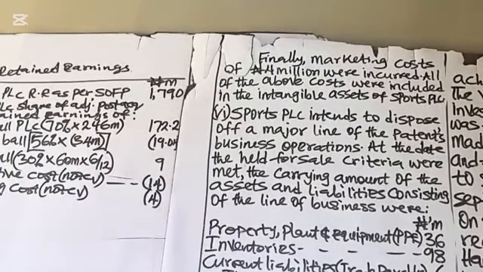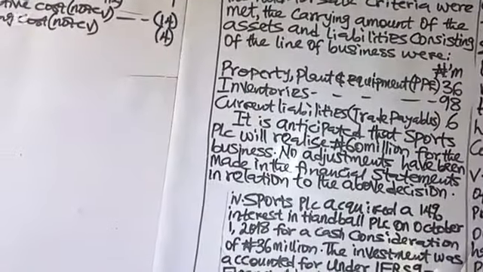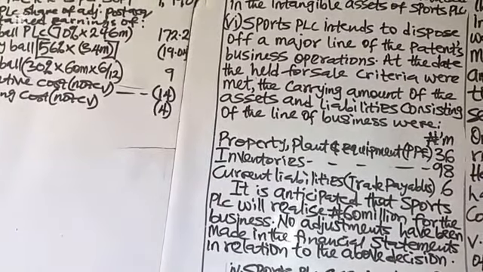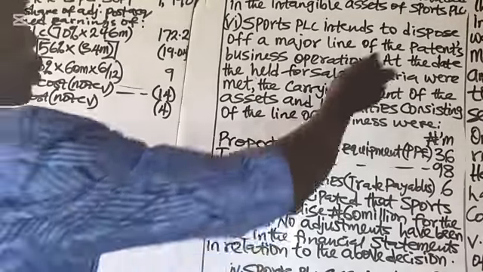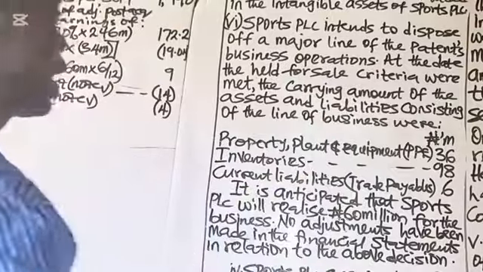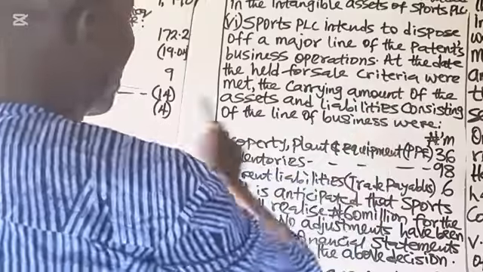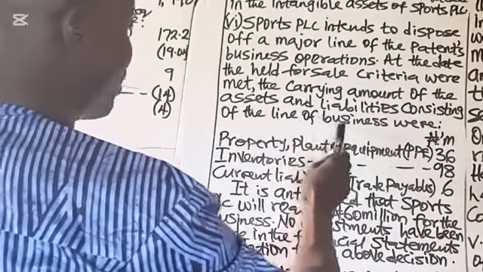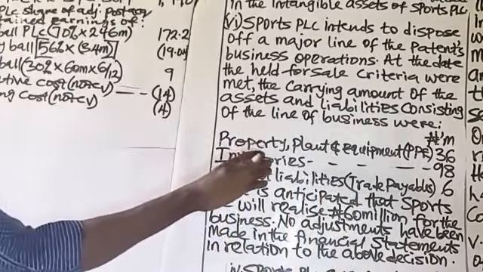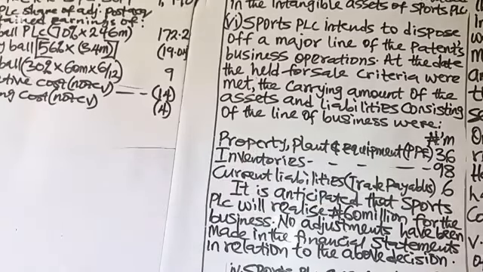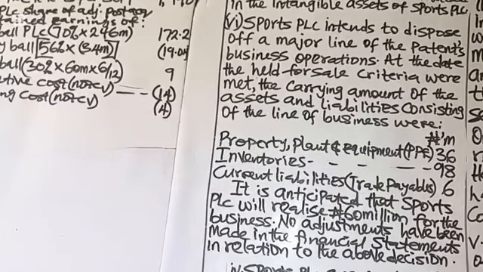Then note 6, we have Sport PLC intends to dispose of a major line of its business operations. At the date the held for sale criteria were met, the carrying amount of the assets and liabilities consisting of the line of business were: property, plant and equipment 36 million, inventories of 98 million, and current liabilities of 6 million.